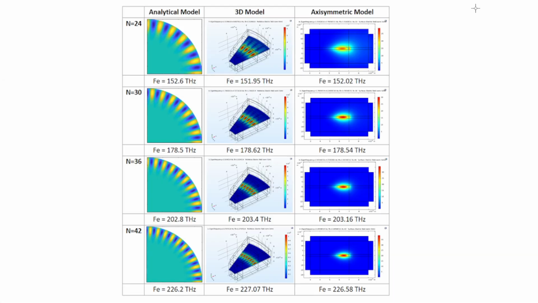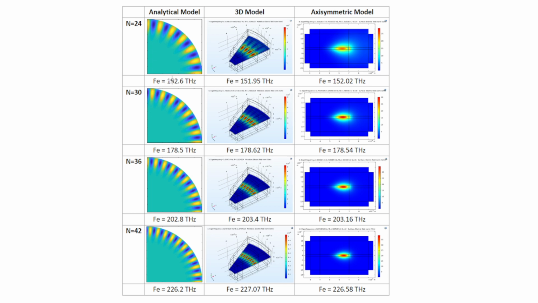But also, if you want to compare this result with the FEM model, what I have here is a comparison of three different models. In the first column I have the analytical model that I just showed you, in the middle column I have the result from the 3D FEM model, and in the last column I have the result of the 2D axisymmetric FEM model.